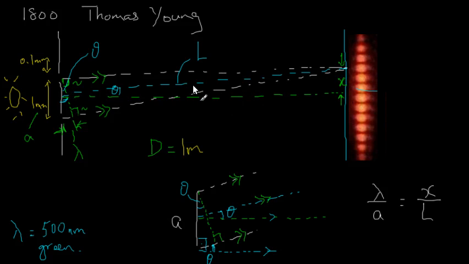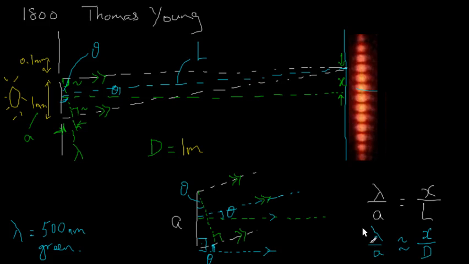L is slightly longer than D, but if this distance x, the fringe spacing, is quite small, if the angle is quite small, then L will be quite close to D. So I can say that approximately lambda over a equals x over D, approximating L as D.